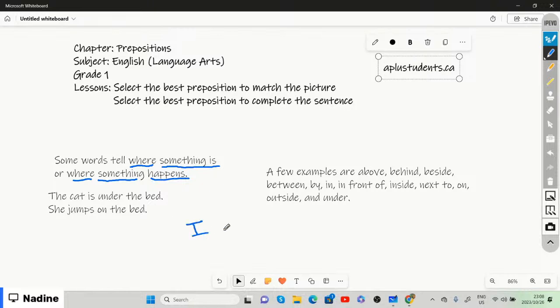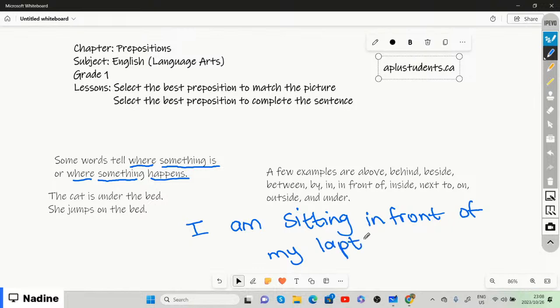It's like saying, I am sitting in front of my laptop. So basically, in front of is the preposition that tells us where something is or where something happens.